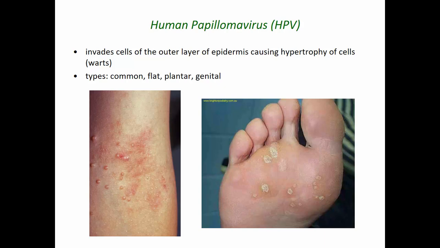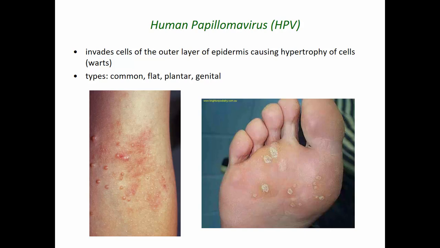You can go to your family physician, and the most common method is that they take liquid nitrogen and they drop it on the wart, and it freezes the skin there and kills the wart. You can also go to the pharmacy, and you can pick up wart removal kits.